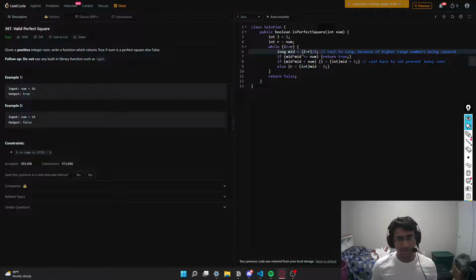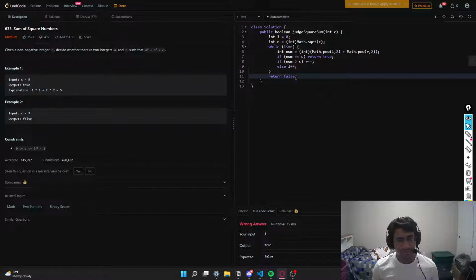When we square that, that's going to be a huge number. So we just want to make it a long variable. Then we want to say if mid times mid equals num, return true. If it's less than num, then we want to bring up, right? We want a higher value, so we're going to bring the left up to mid plus 1. Otherwise, we're going to bring the right down to mid minus 1. Okay, I think that's pretty straightforward.